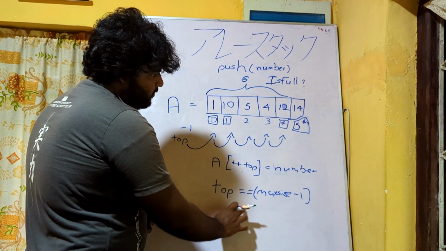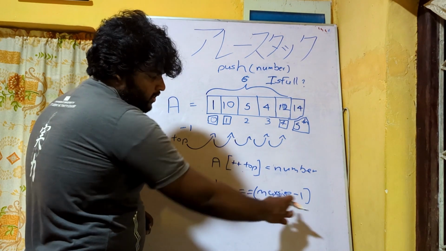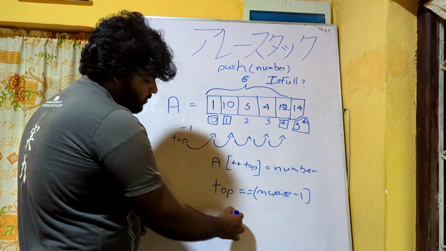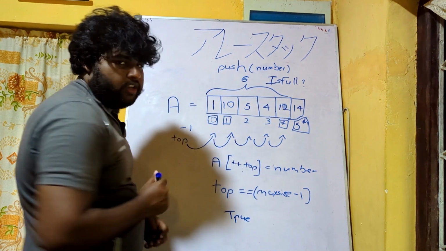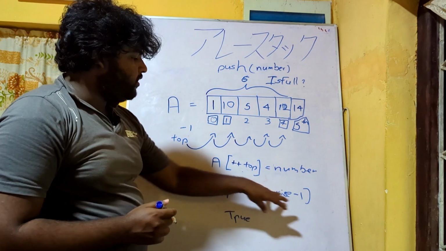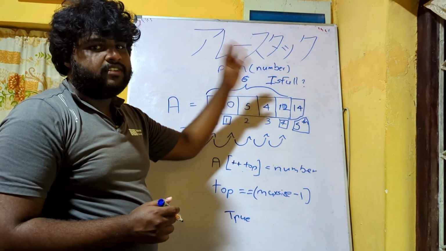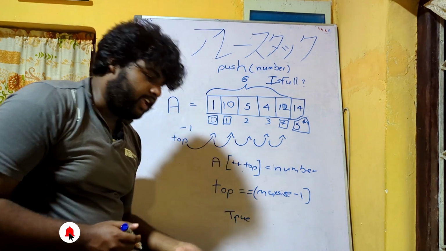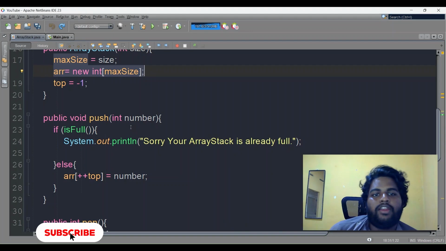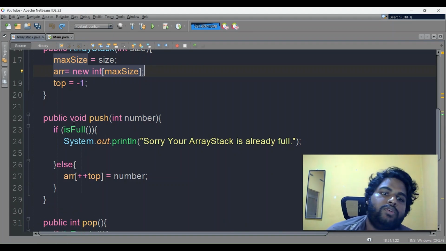And when 5 equals 6 minus 1, it is 5, which brings us true, which means my array is actually full. So using this logic, we can check whether our stack is full or not, and then push elements into our stack. Right now we have a logical idea about the push function.